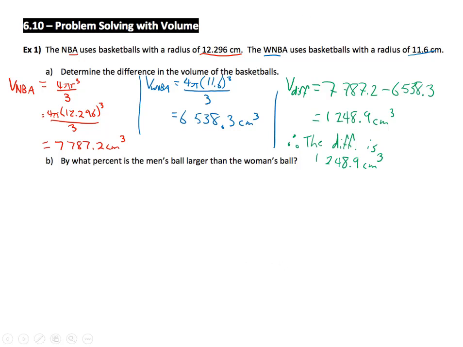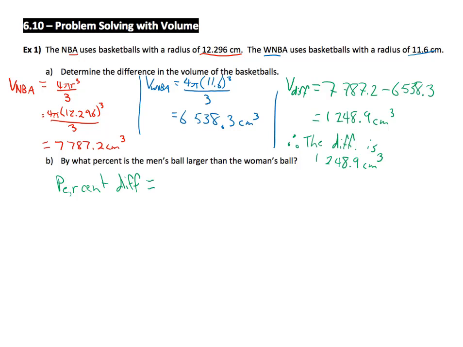Next, I ask, by what percent is the men's ball larger than the women's ball? So the NBA being larger than the WNBA, we just use our percent difference.